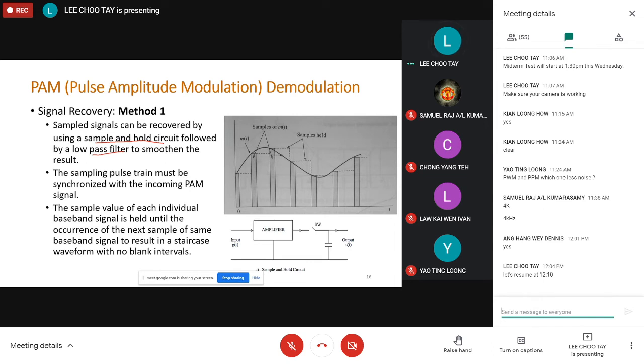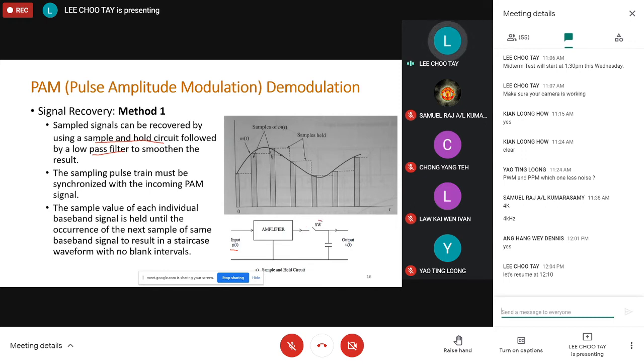Let's take a look at this diagram on the right hand side. We have an input, which is the PAM signal, and this signal is amplified before we sample it. Normally when the PAM signal arrives at the destination, the amplitude will be much lower because of attenuation along the channel, so we need to amplify a bit before we sample it again.